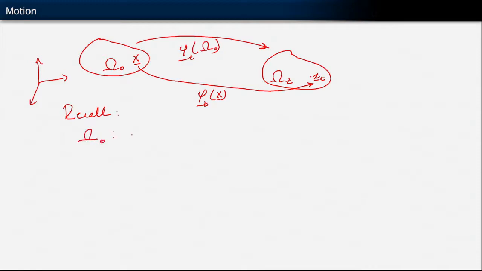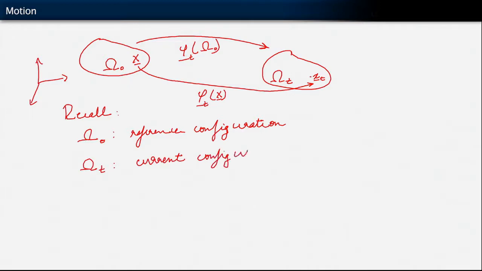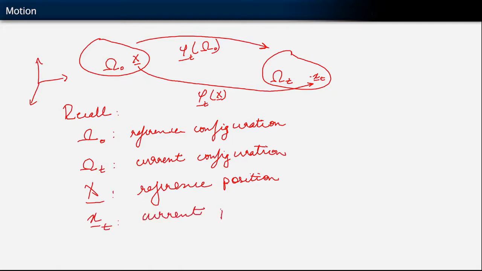Omega naught is the reference configuration, omega sub t is the current configuration, x is the reference position, x sub t is the current position.